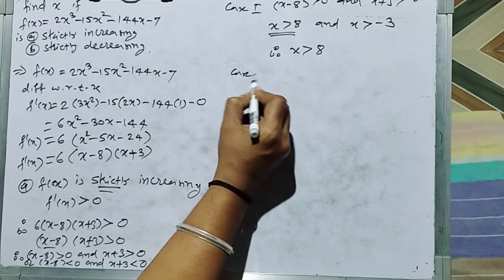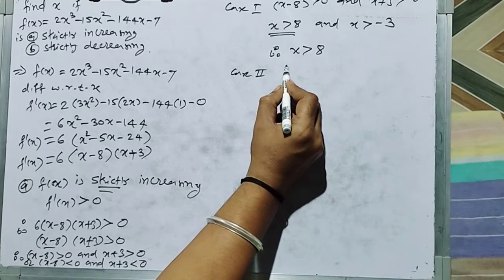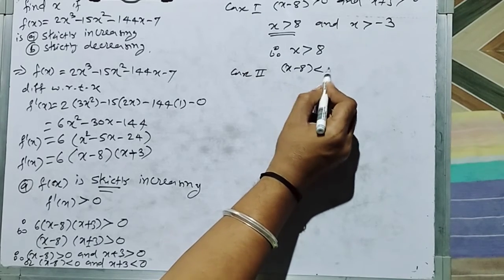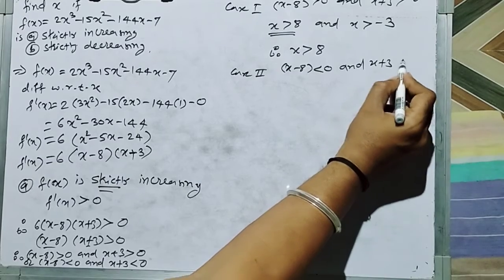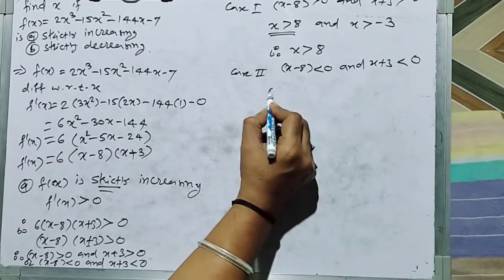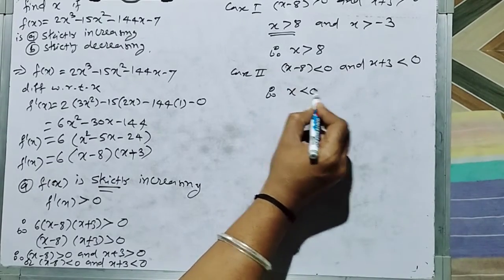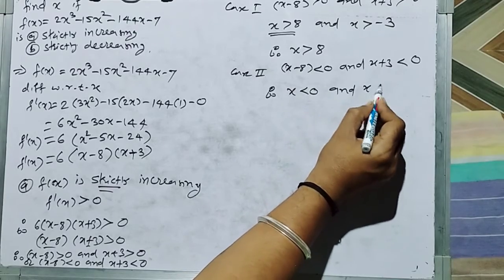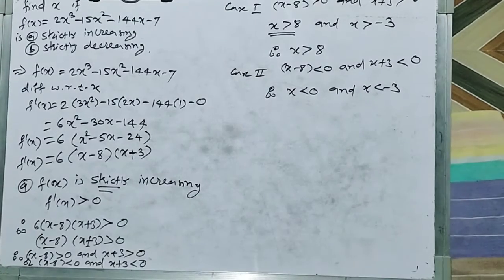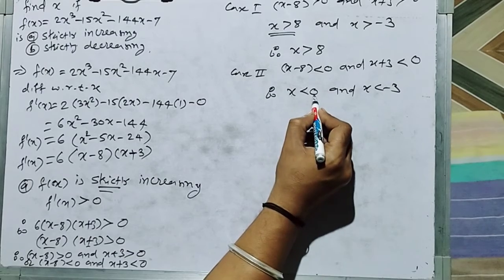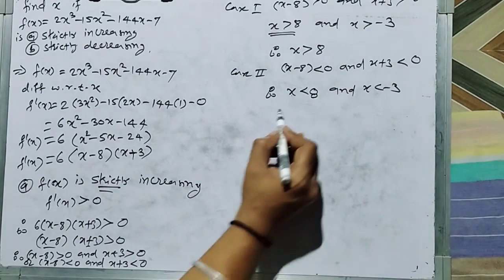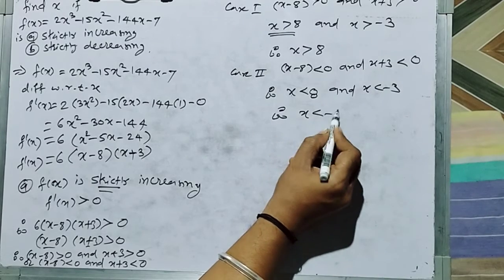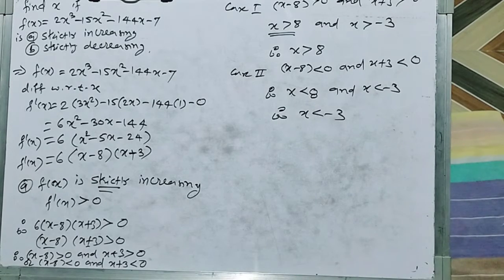Now for case second one, here x minus 8 is less than 0 and x plus 3 is less than 0. So therefore x is less than 8 and x is less than minus 3. So therefore x must be less than minus 3.